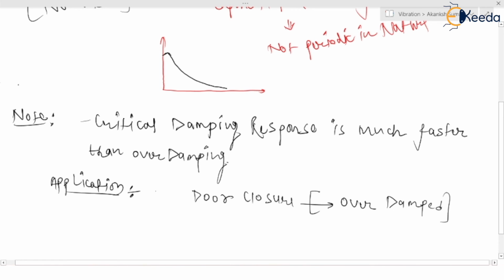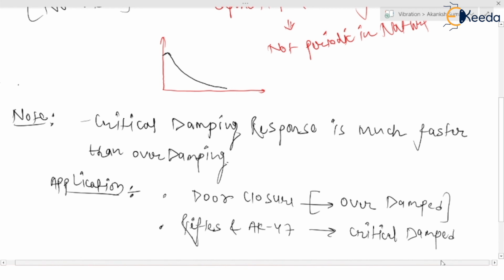But when you see the rifles and the AK-47s, these are the applications of critical damped system. You can see that the AK-47 speed is very fast as compared to the other guns. Because it is based on the critical damping, that's why the response is much faster than others.